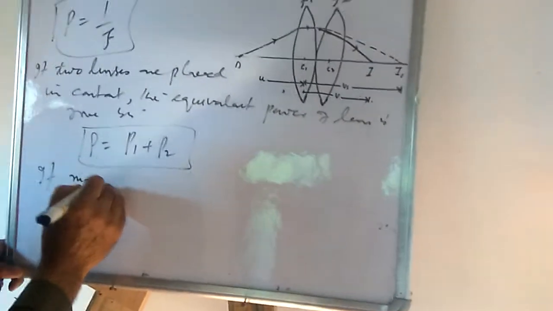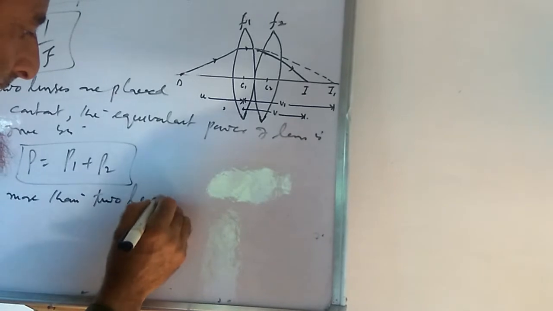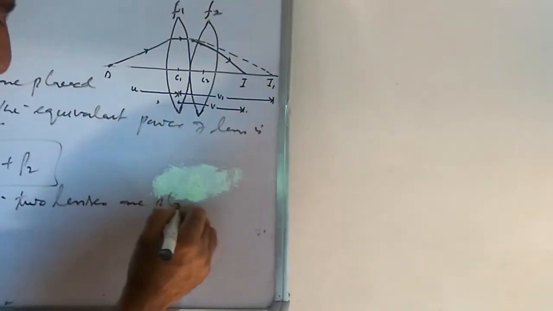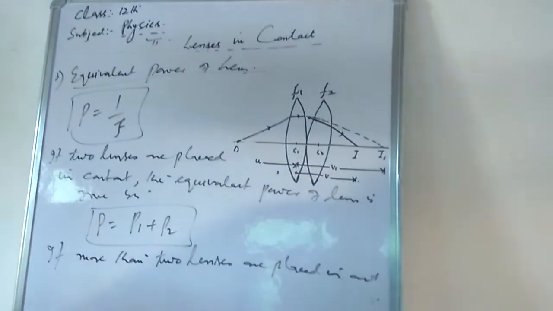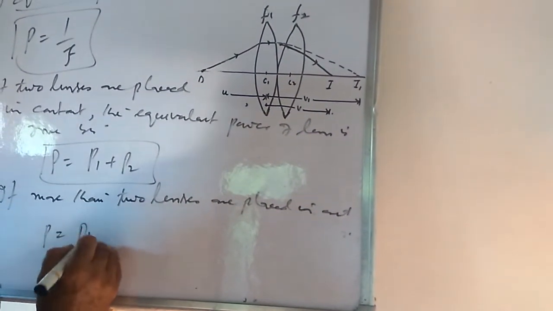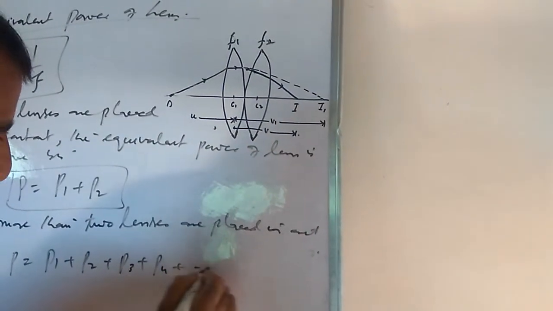If more than two lenses are placed in contact, then the equivalent power will be P1 plus P2 plus P3 plus P4 and so on.